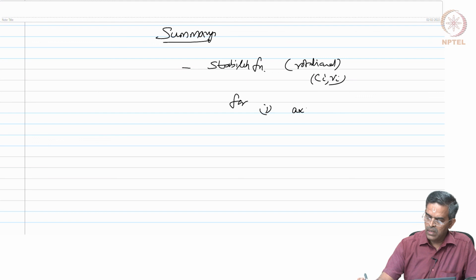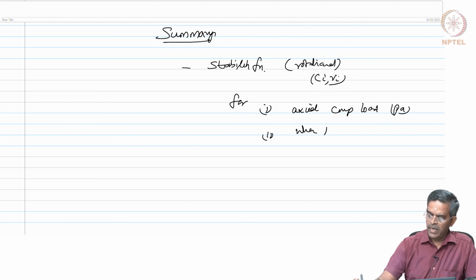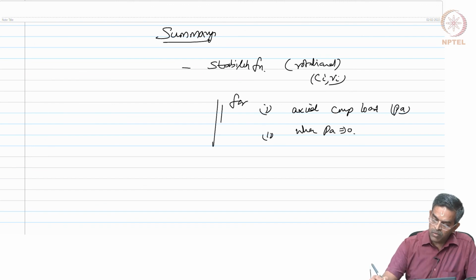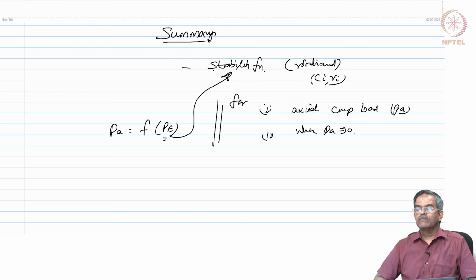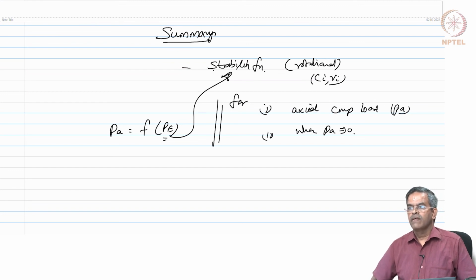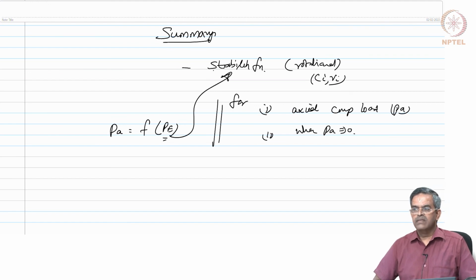Case 1 under axial compressive load P, 2 when Pa tends to 0, and we realize that in both the cases Pa is expressed as a function of Pe. Why? We are looking for stability functions. So, please look at the derivation back again and try to understand that. It is very simple, it has got involvement of differential equation understanding, have a parallel reading on some textbook on engineering mathematics and learn this and try to get a hold of the derivation.